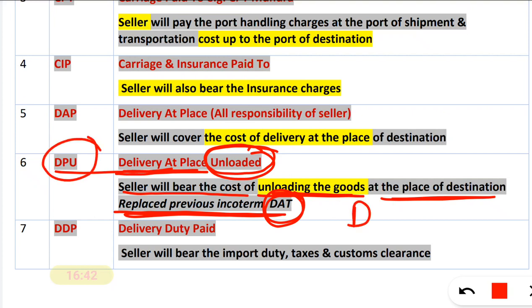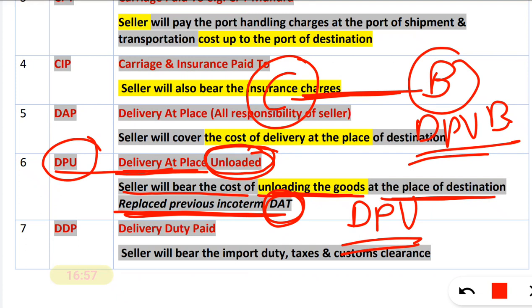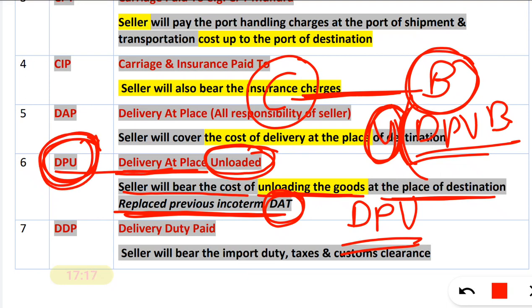If the seller is sending the goods from Canada to Bangalore city and DPU at Bangalore is mentioned, it means whatever the cost till Bangalore city, the destination, and the unloading charges also from the vessel or the truck or the container, all will be paid by the seller. That is called delivery at place unloaded.